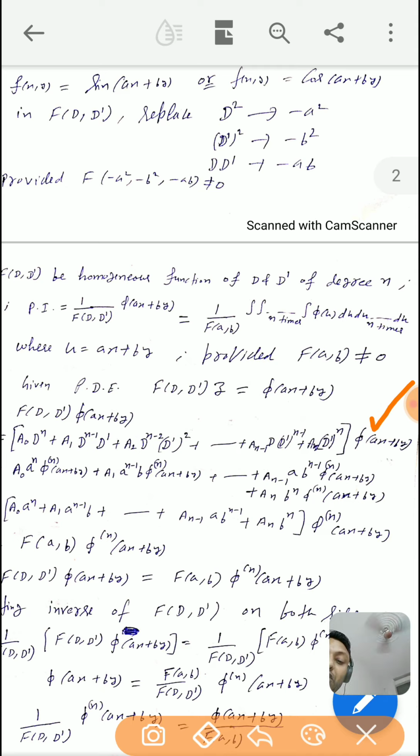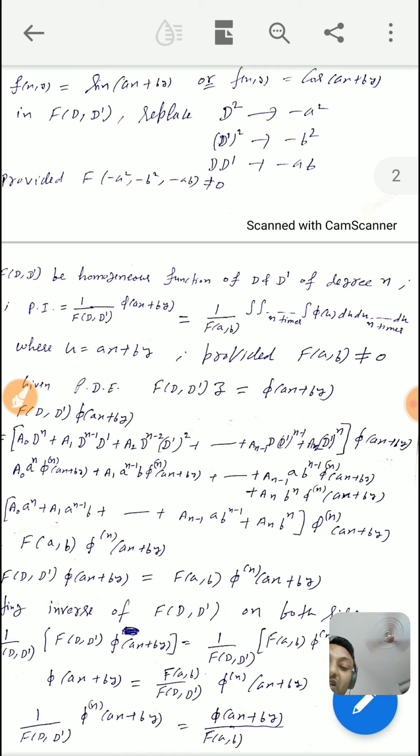So when we operate this first term on the function phi of ax plus by, a naught is constant and we are differentiating this function partially with respect to x n times. So we will get the nth derivative of phi with respect to ax plus by, into the derivative of ax plus by n times with respect to x, that is a power n.